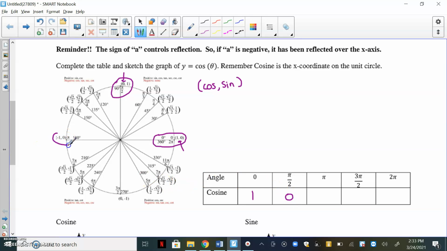At pi, left number is -1. 3 pi over 2, left number is 0, that's the cosine. And then 2 pi matches with 0, they're both in the same spot, so the cosine is 1 here as well. All right, so notice the symmetry going on in this table. That's a good indicator that our graph is also going to look symmetrical.